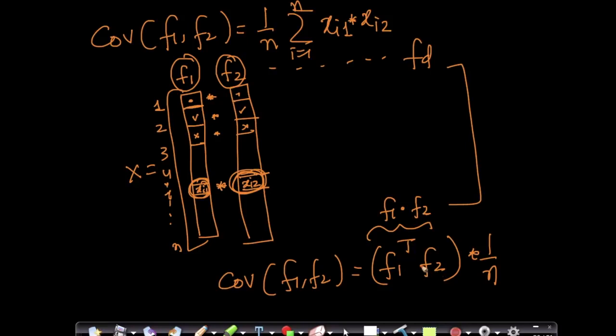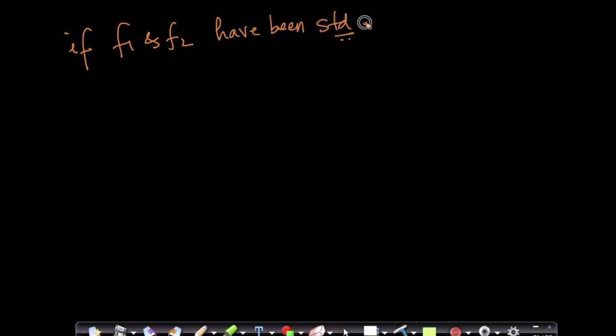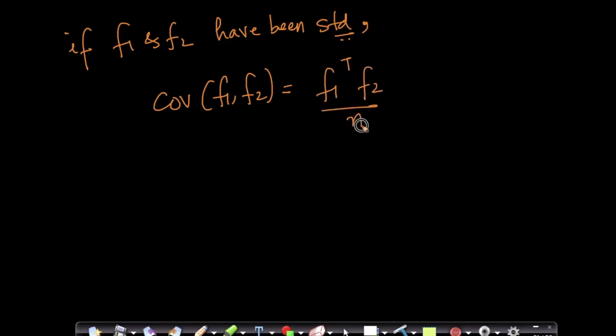So you can say that if f1 and f2 have been standardized, then covariance of f1 and f2 is nothing but f1 transpose f2 by n. Literally, that's what it is.